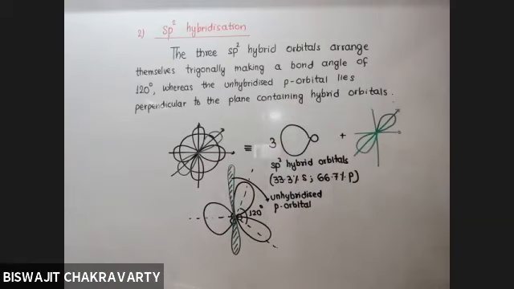The 3 sp2 hybrid orbitals arrange themselves trigonally, making a bond angle of 120 degree, whereas the unhybridized p orbital lies perpendicular to the plane containing the 3 hybrid orbitals.